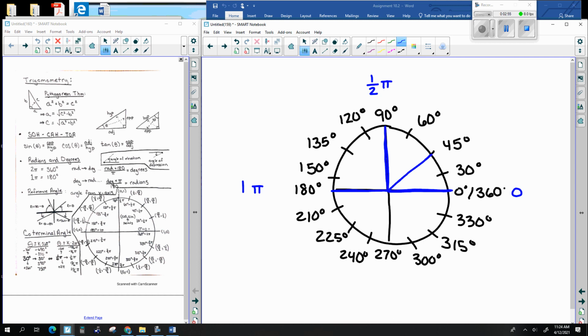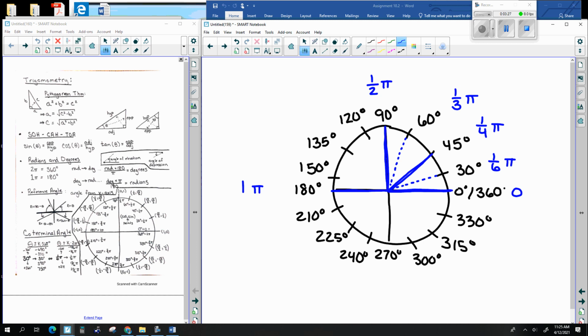Half of a half is a fourth. So that would be 1/4 pi, et cetera. And then these 30-degree angles, these are sixths. So 1/6. This would be technically 2/6, which is AKA 1/3. And then everything goes off of that.